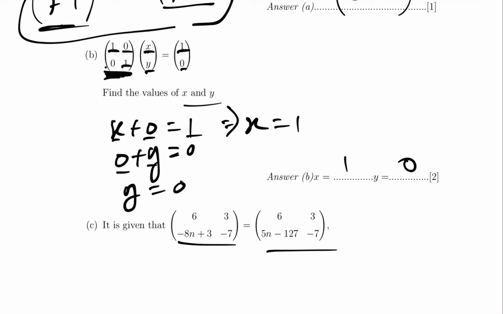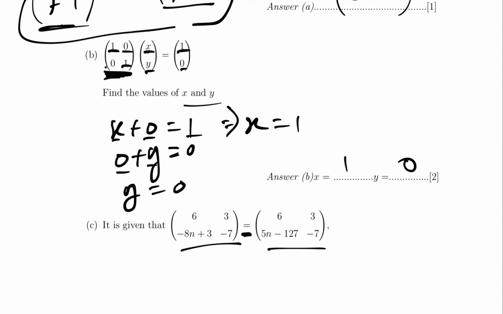To find a value of n here, one thing to note: the fact that they're saying this matrix is equal to this one means that every corresponding element should be equal.